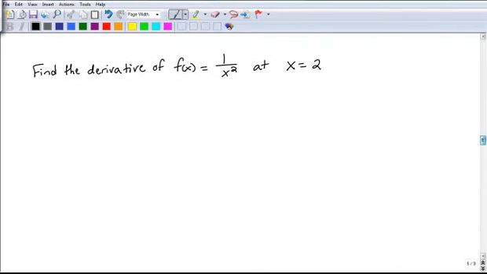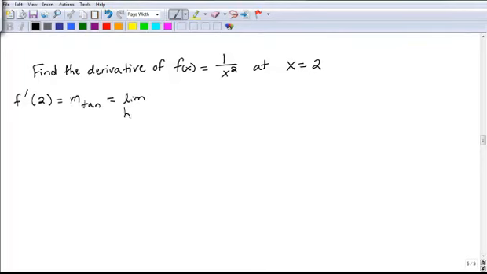Well, let's find some more derivatives. Let's try it again. 1 over x squared at x equals 2. Well, to find the derivative at x equals 2, that's really just the slope of the tangent line at x equals 2.